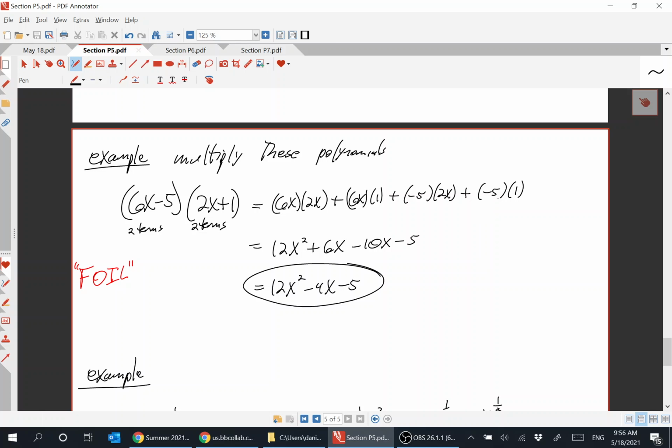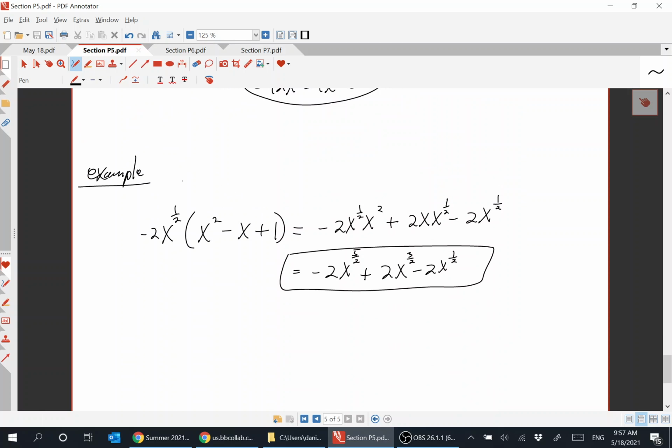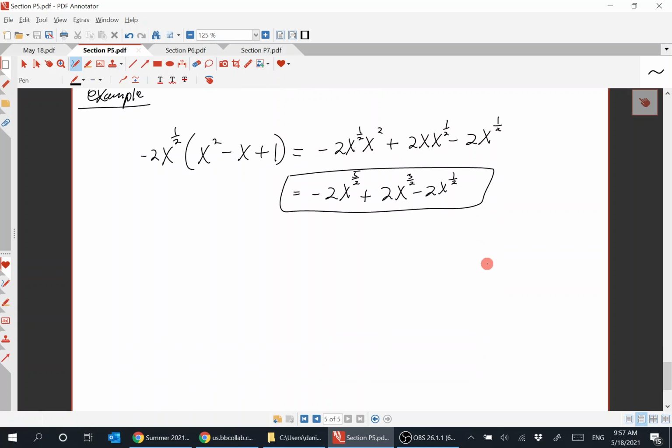So you get 4. But it's just every term in here by every term in here. And then we had this example as well: 1 term times 3 terms. You just multiply the 1 term by every term here. So that's just distribution.